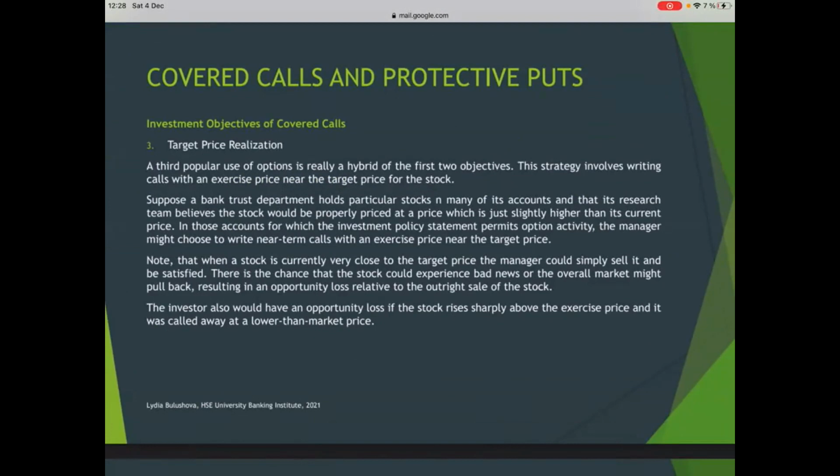So this is the way I can get rid of assets at a predetermined price. It might happen in this case when I do believe that in the long term, the asset will probably decrease significantly in value. And I might use this strategy to sell at a predetermined price.